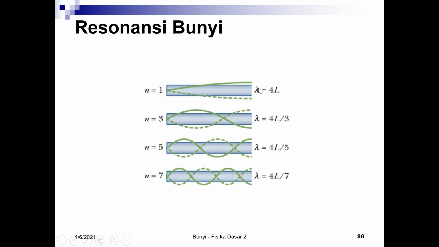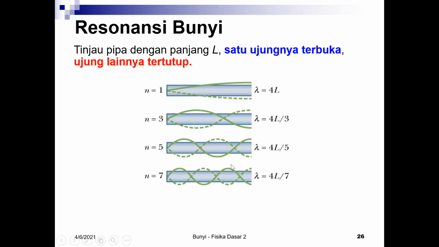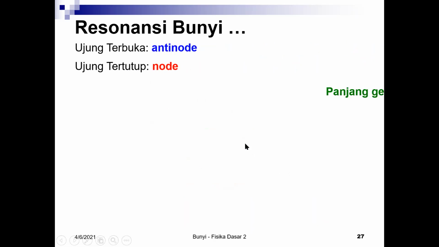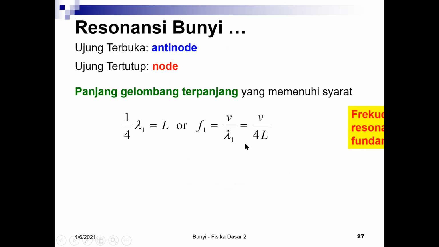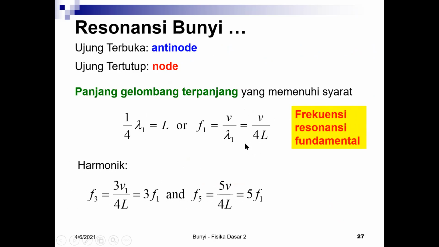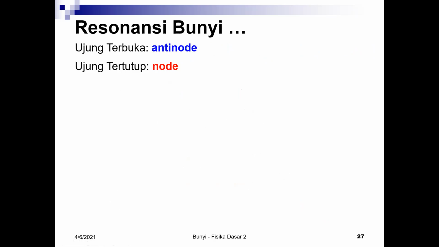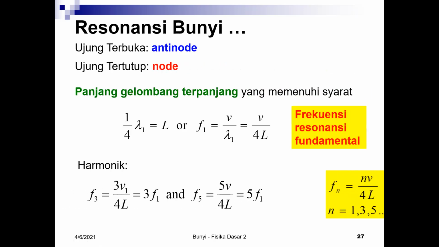The length of the pipe for n equal 1 is a quarter lambda, for n equal 3 is three-quarters lambda, etc. This is the case for the organ pipe.